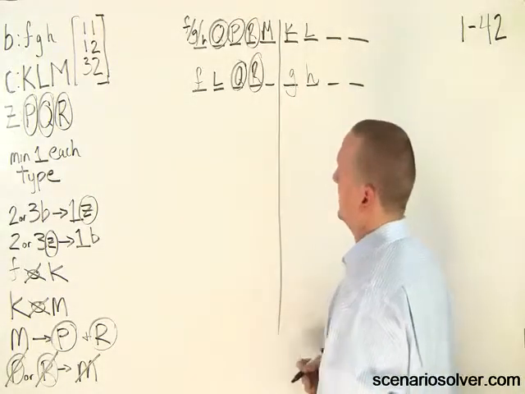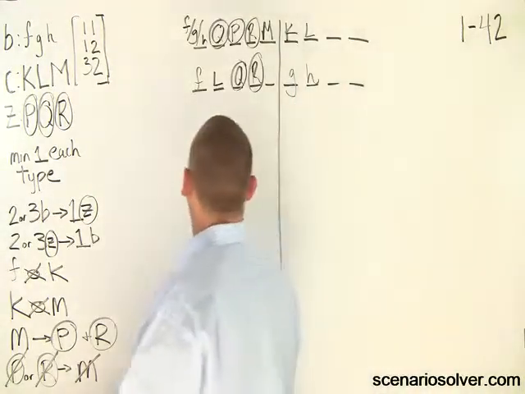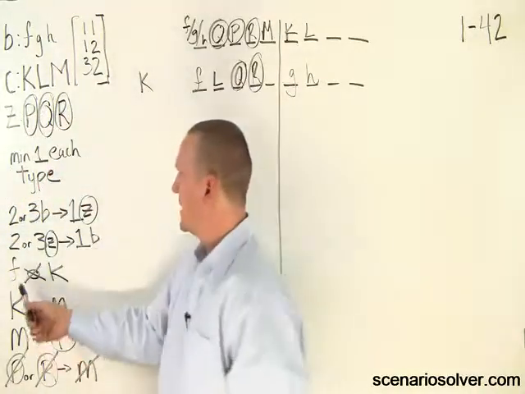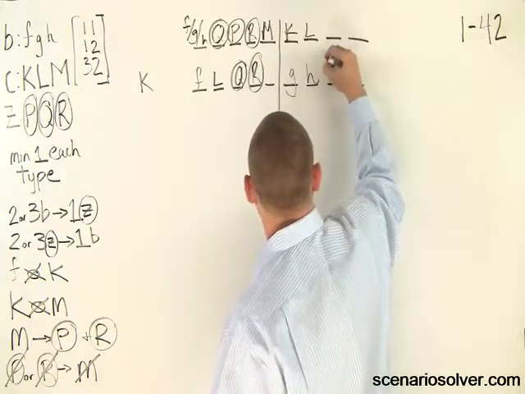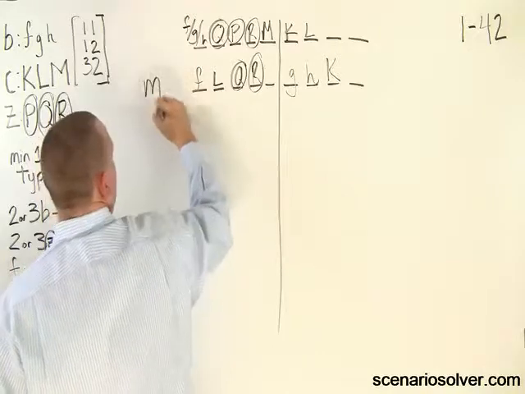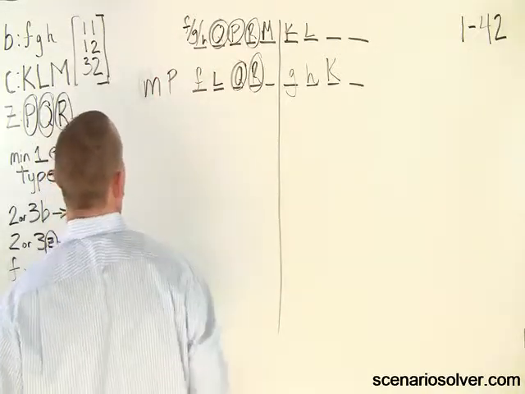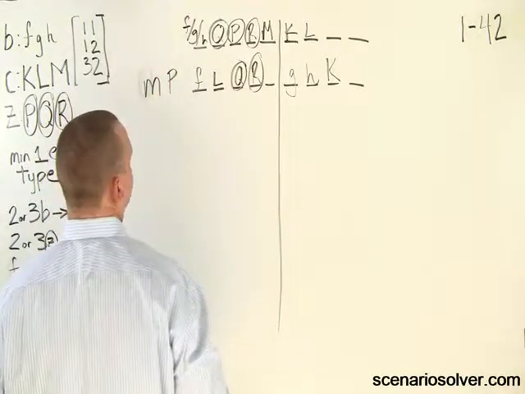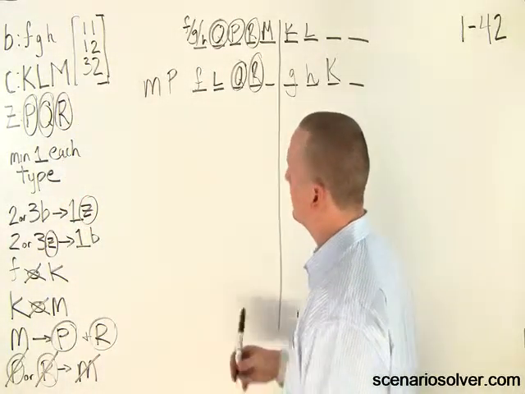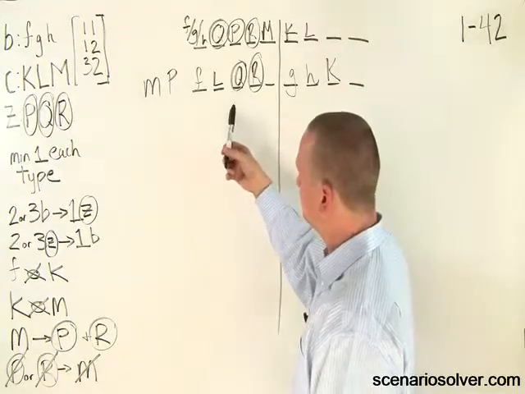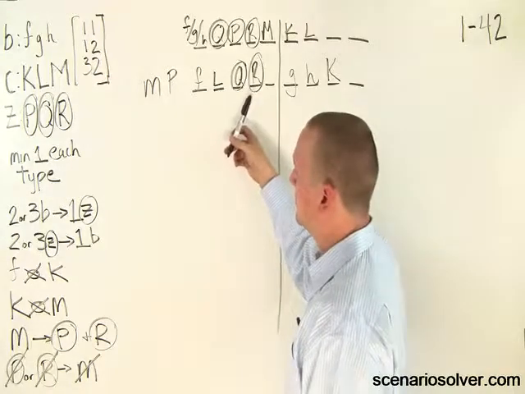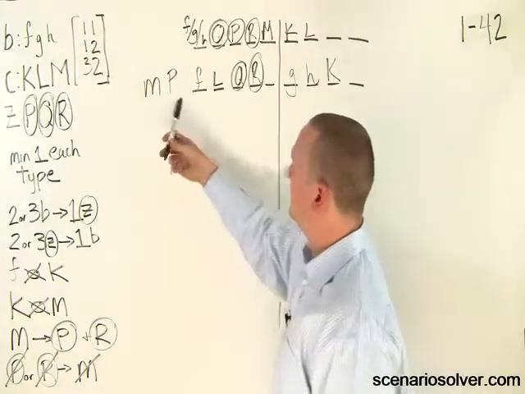And so who's left is K. But the other thing is F cannot occur with K, so K is going to fall out as well. So who is left over? We have M and P left over. Okay, and then let's look at this.